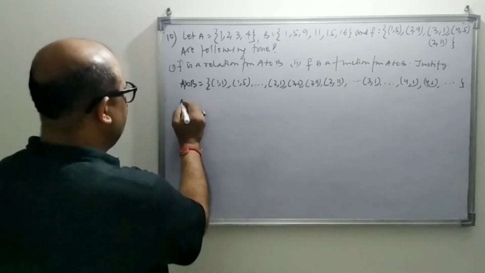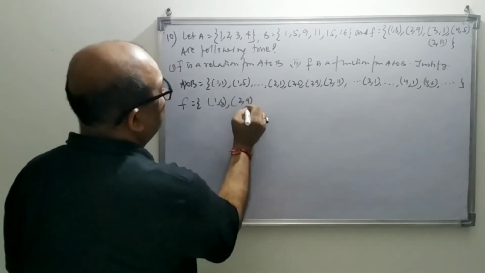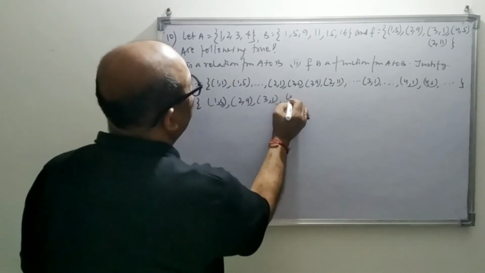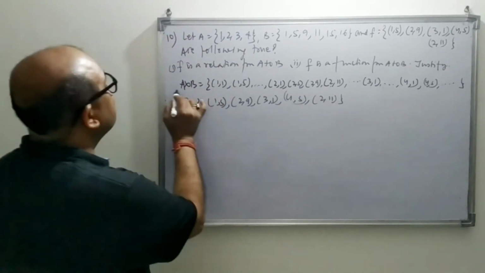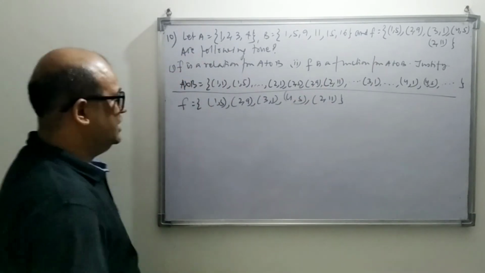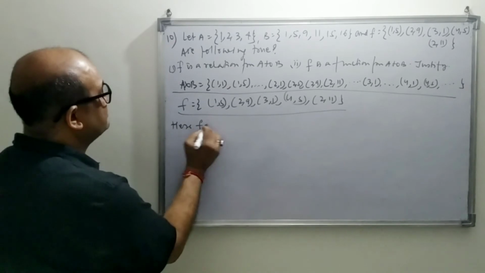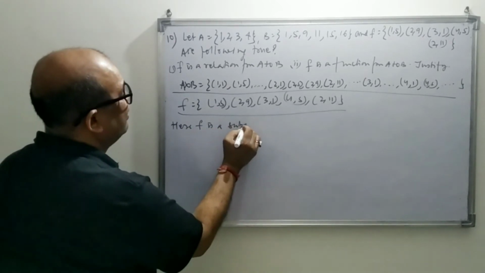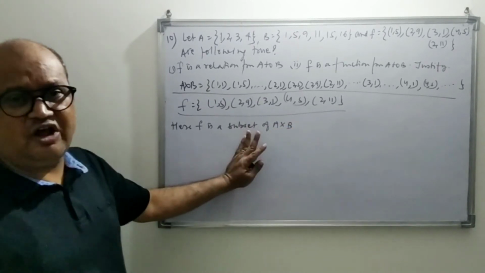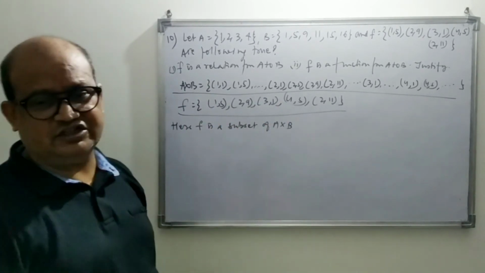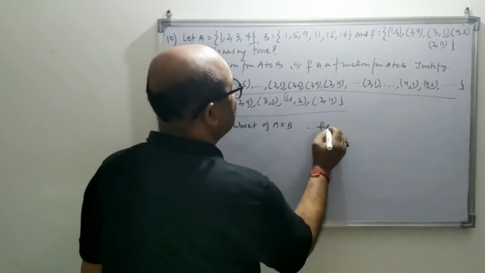Here, what we see is F is given by (1,5), (2,9), (3,1), (4,5), and (2,11). Now, since the Cartesian product of A and B is this, and F is this, F is a subset of A cross B, that is, the Cartesian product of A and B. Therefore, F is a relation.